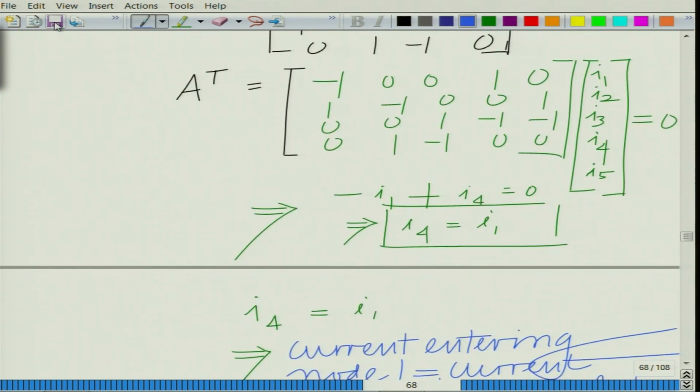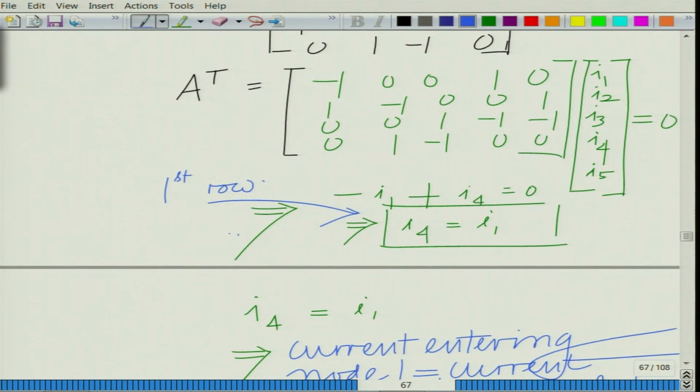Similarly, the second row, let us write it separately.